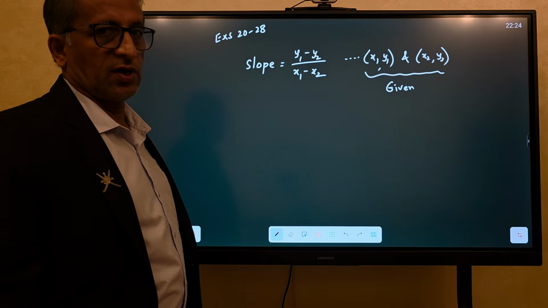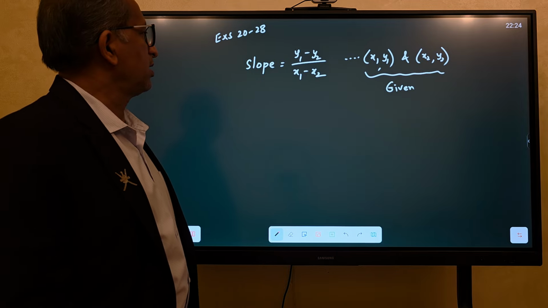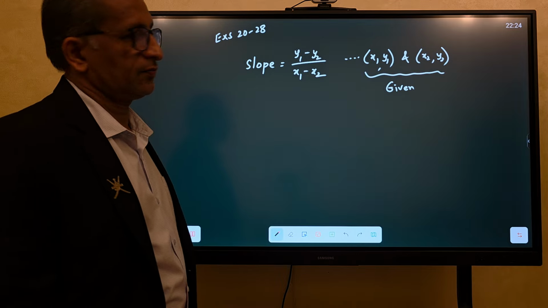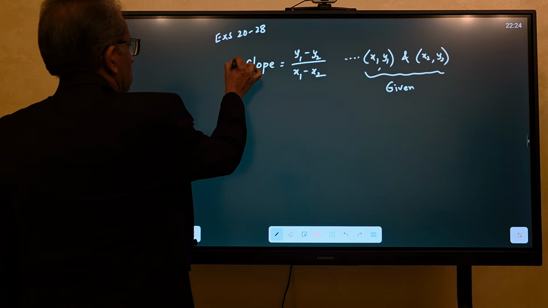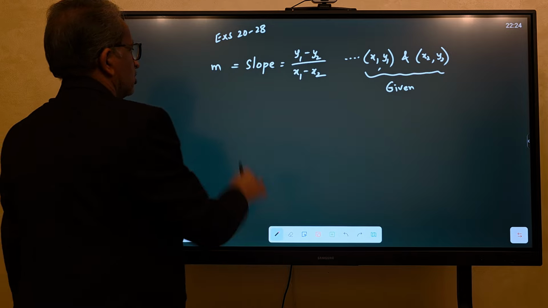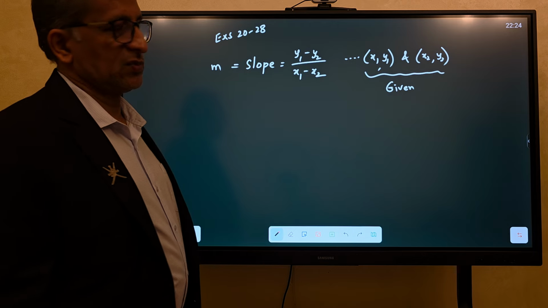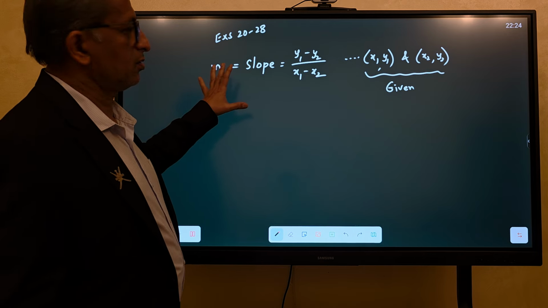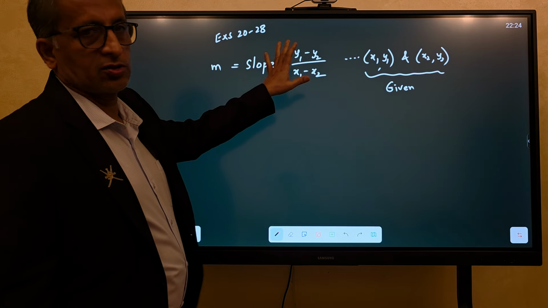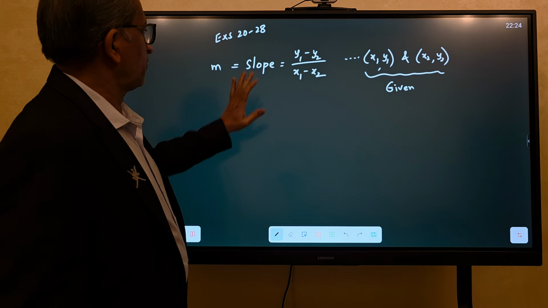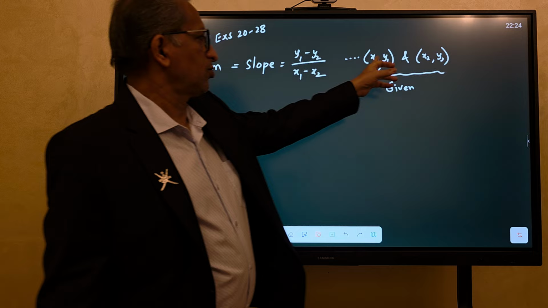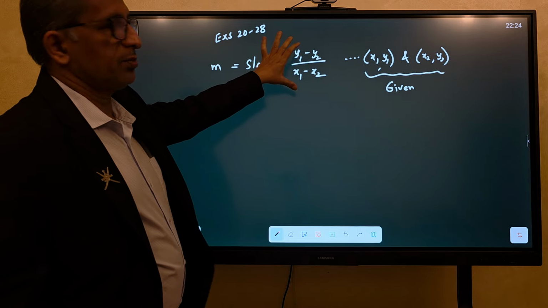So it is the difference of y coordinates divided by the difference of x coordinates. The slope is usually denoted by the letter m. That is the standard notation we are using for the slope.